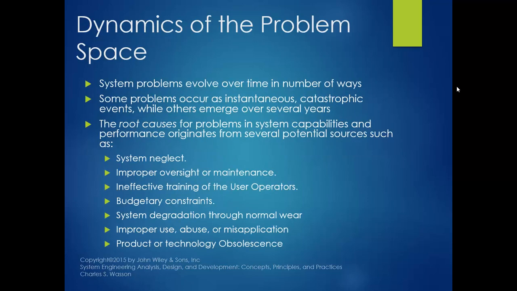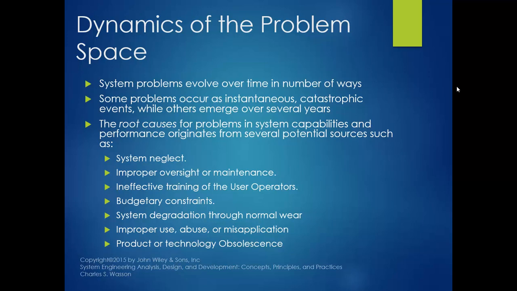System problems evolve over time in a number of ways. Some problems occur instantaneously or as catastrophic events, such as hurricanes causing power outages or flooding and structure damage. Other problems could emerge over several years.